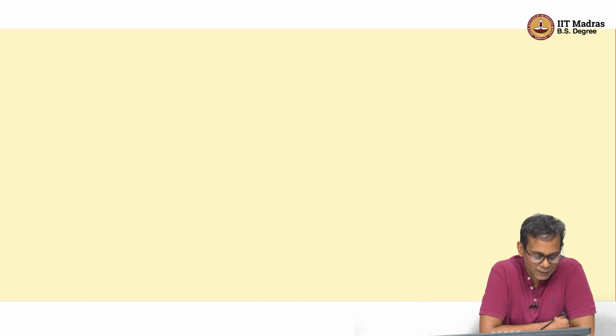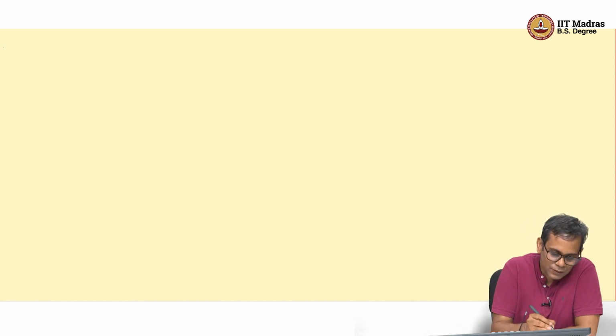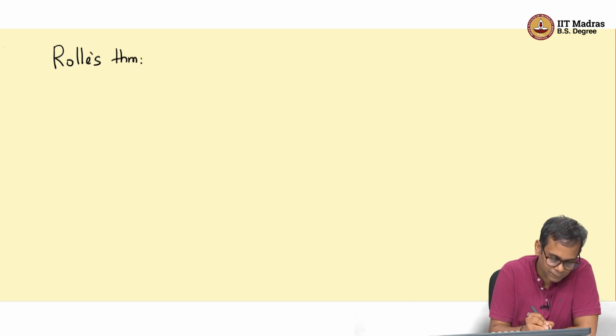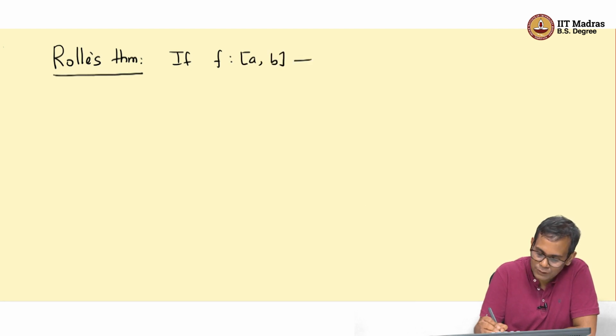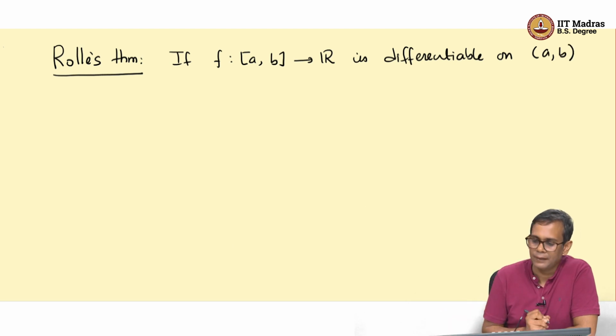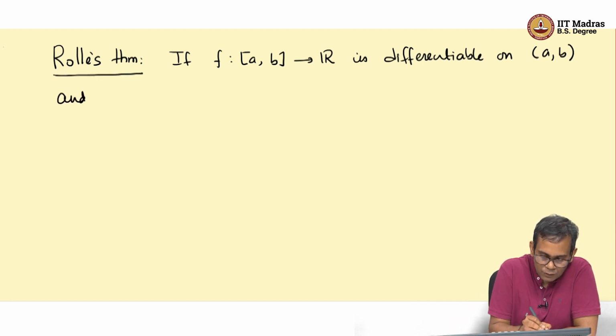So now we are in a position to prove two very powerful theorems on derivatives, namely Rolle's theorem and the mean value theorem. So firstly, Rolle's theorem. Suppose f is a function defined on a closed interval [a, b], is differentiable on the open interval (a, b), and continuous on the closed interval [a, b].